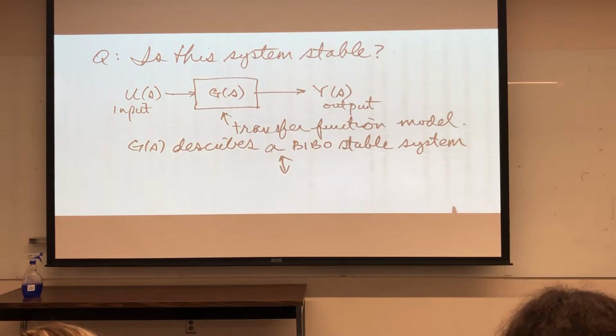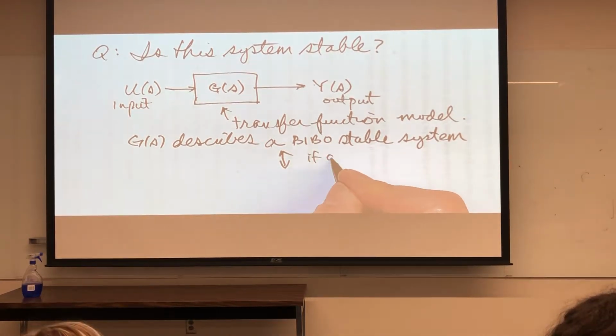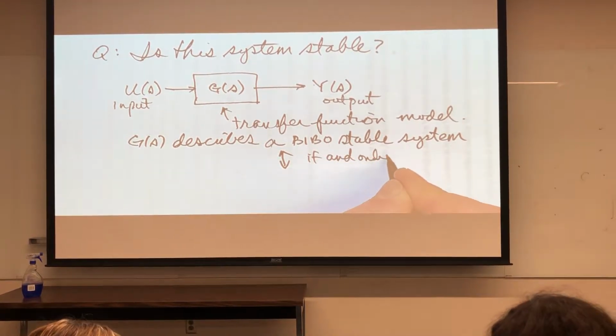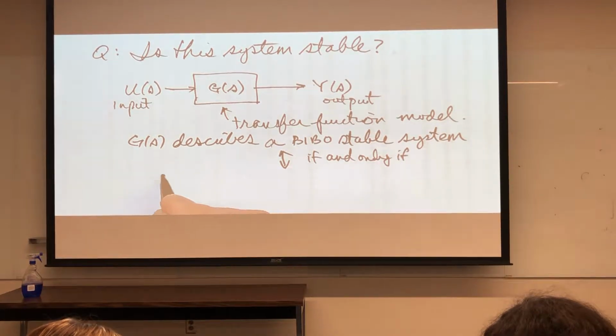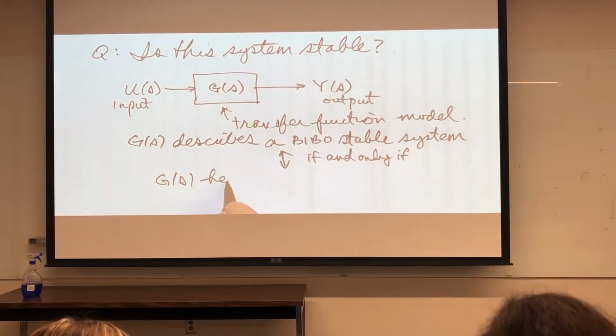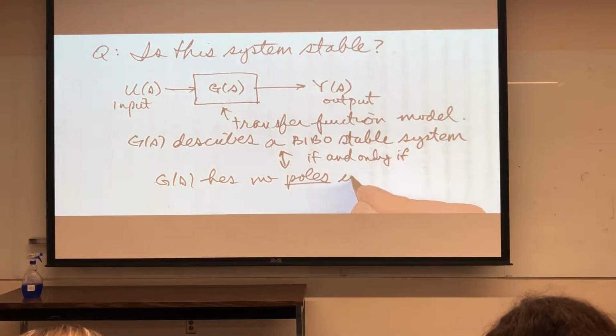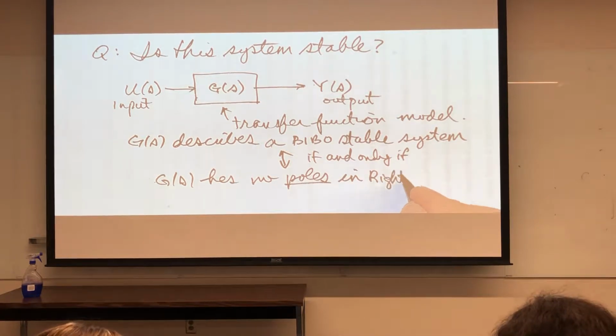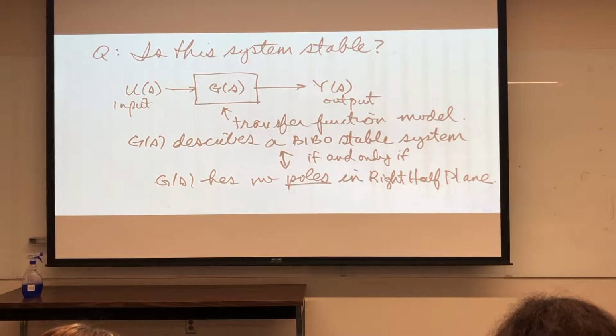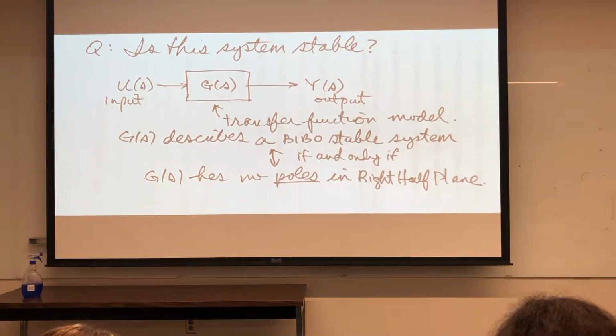Double arrows means if and only if. G of S has no poles in the right half plane. Okay, no poles in the right half plane.